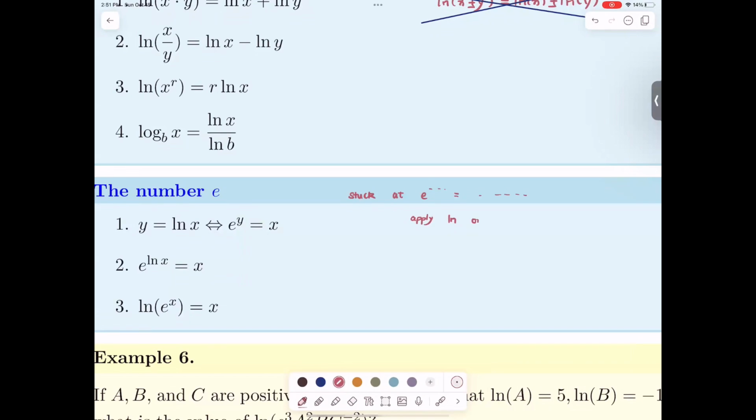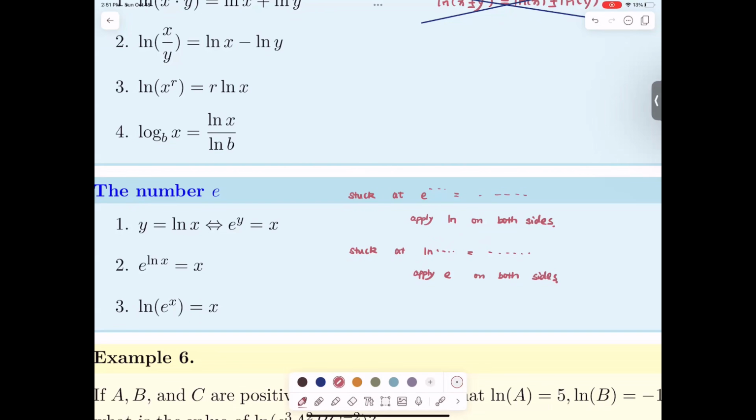Apply ln on both sides. Similarly, if you're stuck with ln of something equals something, then you apply e on both sides. E to some power of something on both sides.